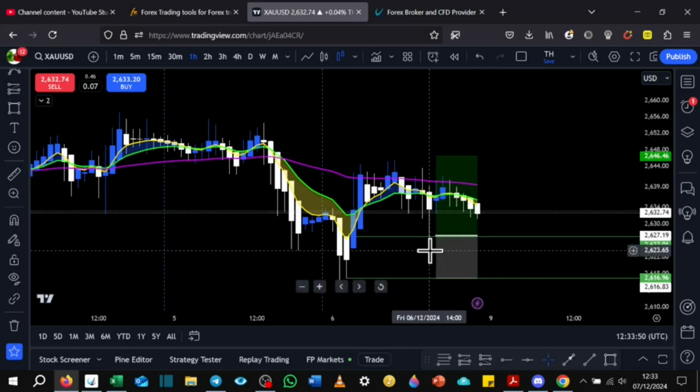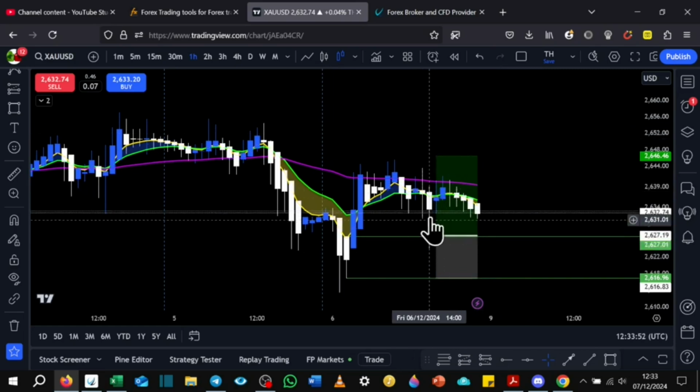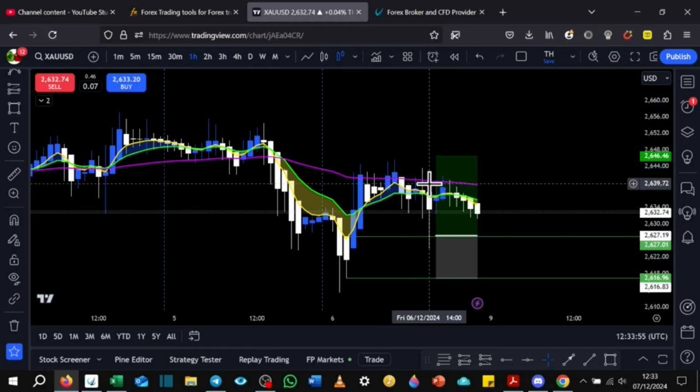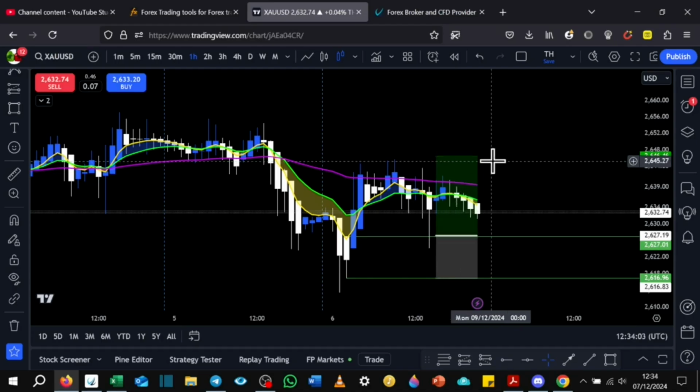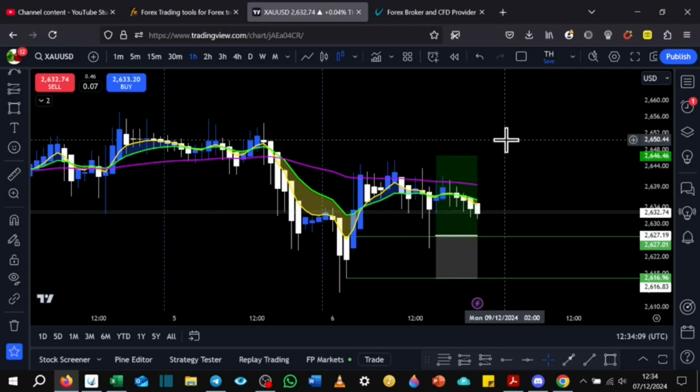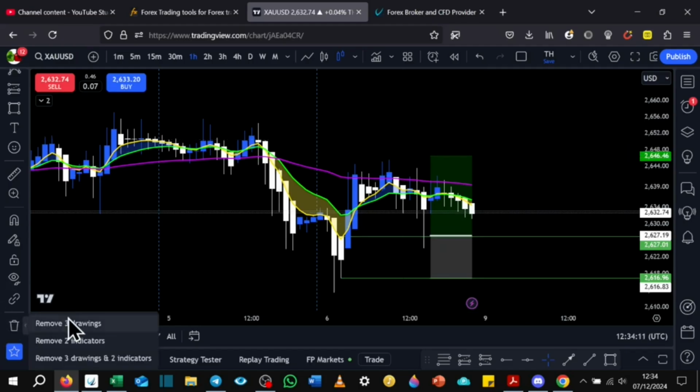We did wick down, so did get into the trade, was in a nice bit of profit. It couldn't break the 62 EMA, didn't quite reach our targets, was break even, and in the end I just closed the trade. But nevertheless, still banked some pips. So that was gold for the week.